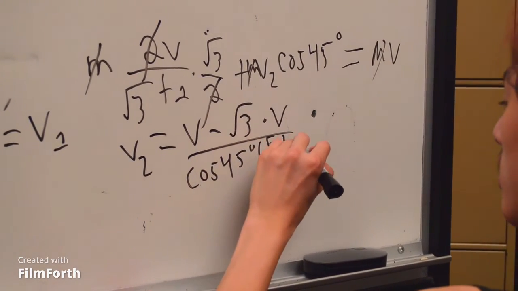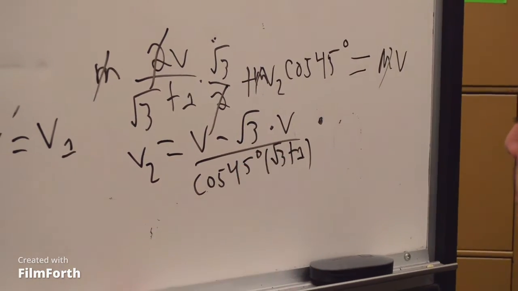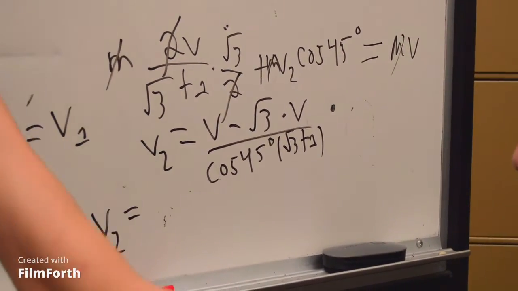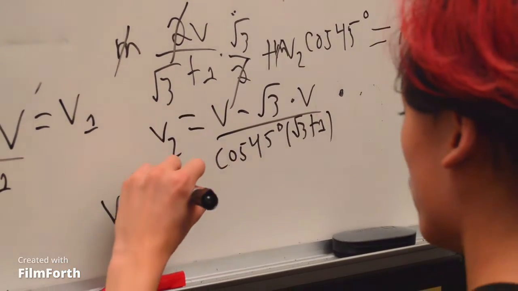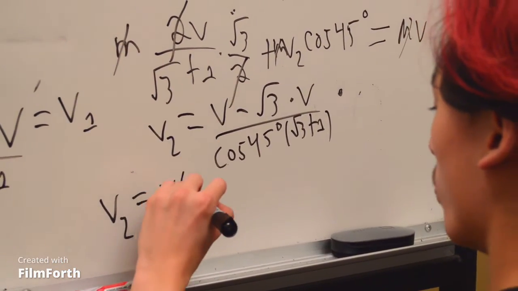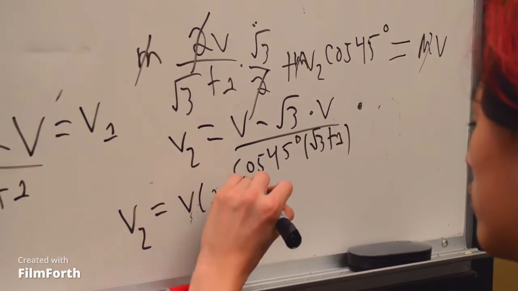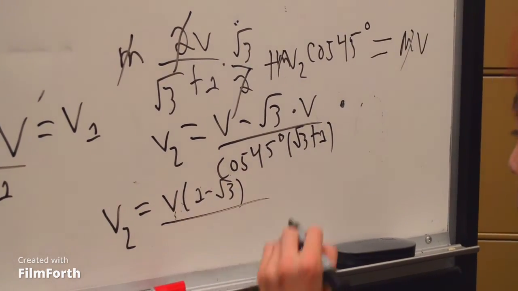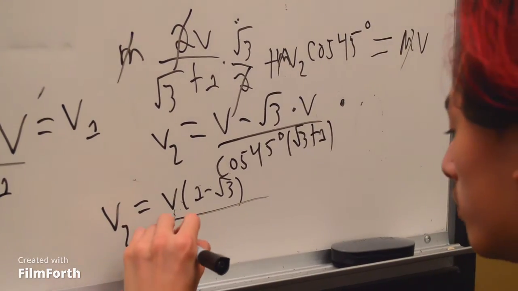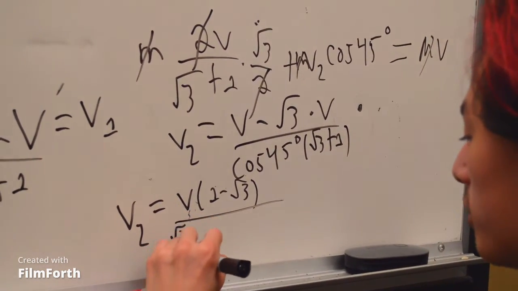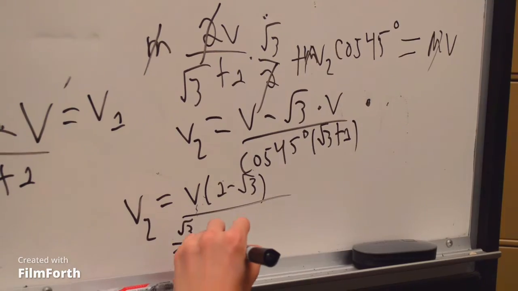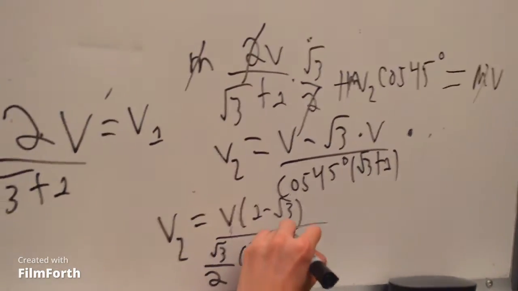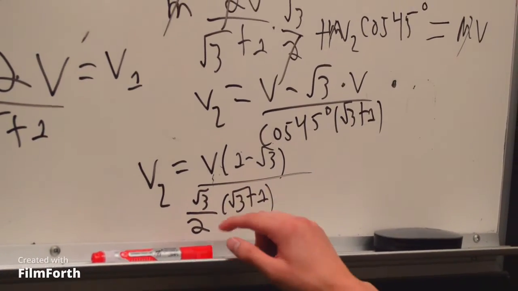So let's further simplify this. V2, the final velocity of the second object over here, equals, let's factor out a V, 1 minus root 3, which will result in a negative, because root 3 is greater than 1, all divided by root 3 over 2 multiplied by root 3 plus 1. Apologies, this is going to be very small to read. So let's simplify this complex fraction.